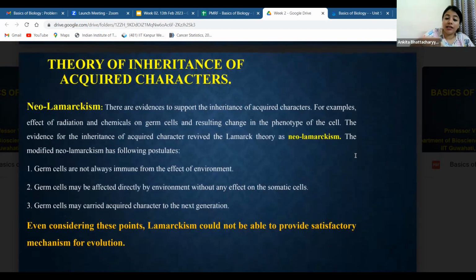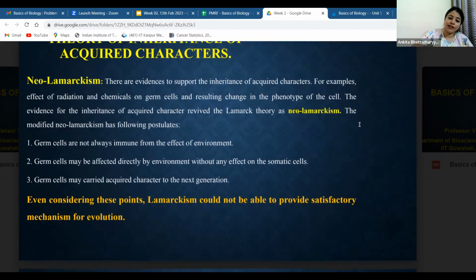So then Lamarck actually came up with a new concept, which was termed New Lamarckism. And he said that germ cells are not immune from the effect of the environment. They can carry the character to the next generation.